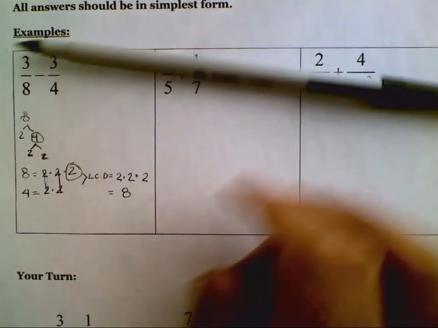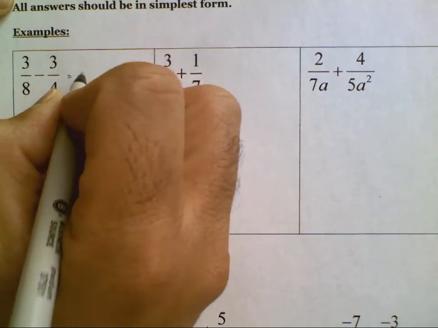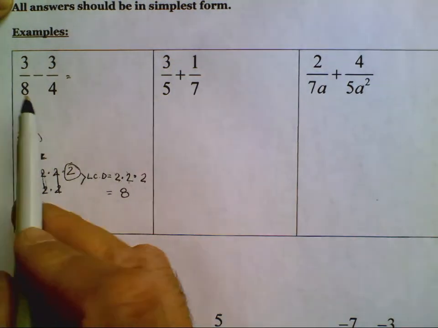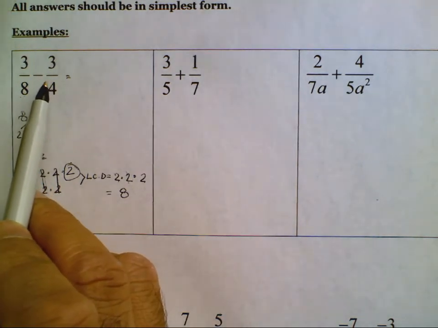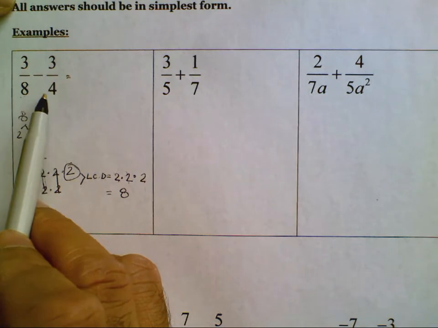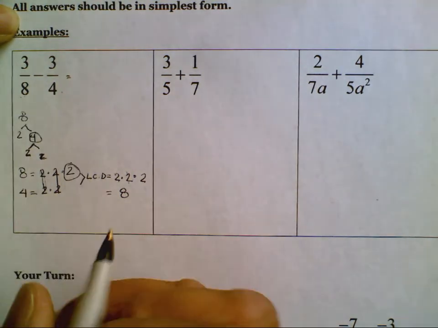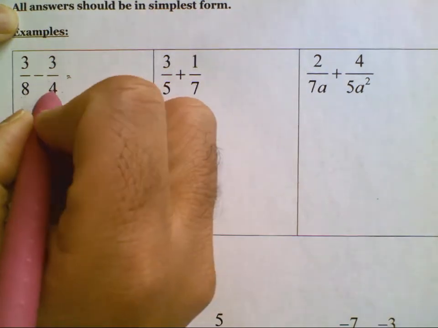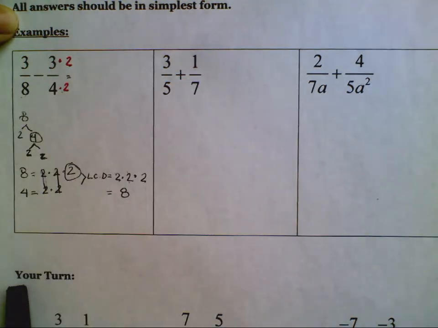So this expression becomes, knowing that 8 is the least common denominator for 3 over 8, now I need to figure out how much you need to multiply 4 to become 8. You can multiply 4 times 2. But you have to multiply the numerator at the same time.